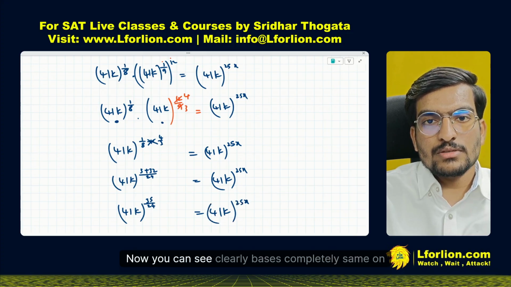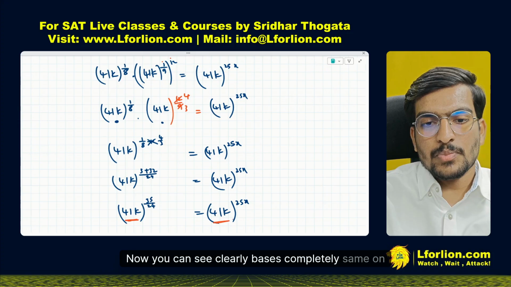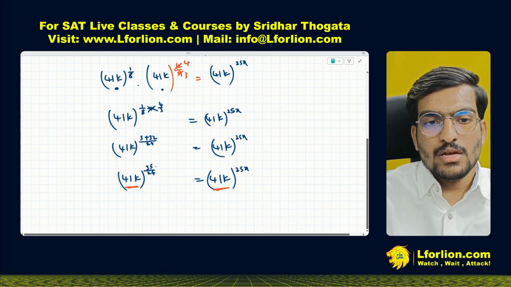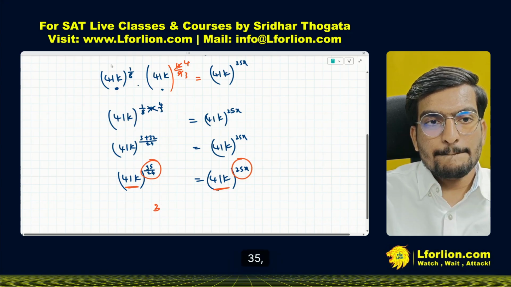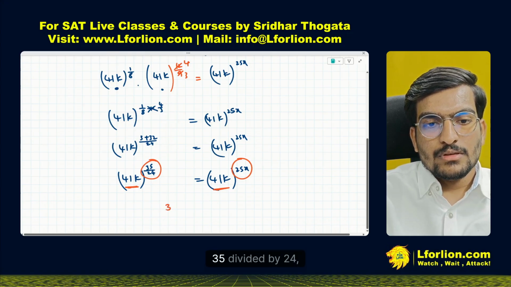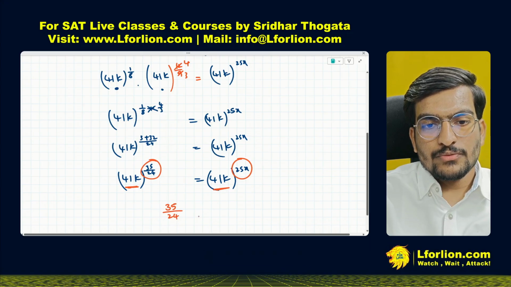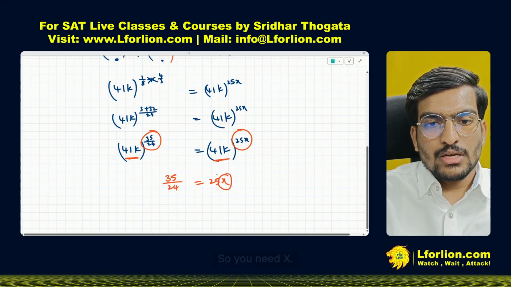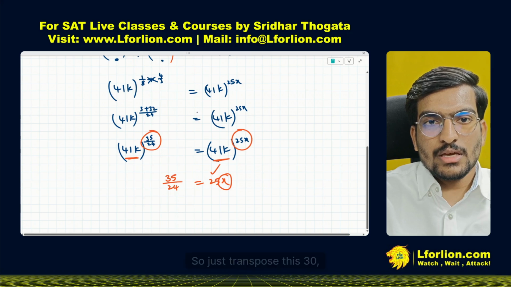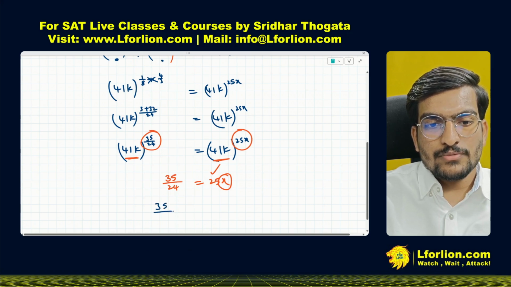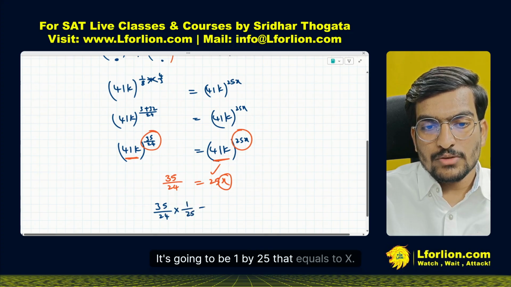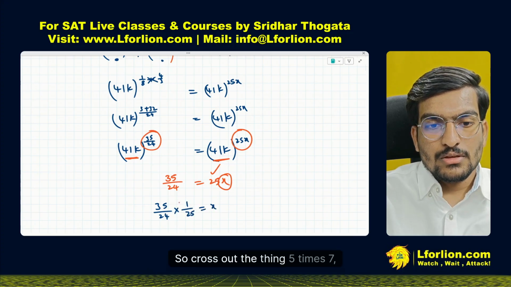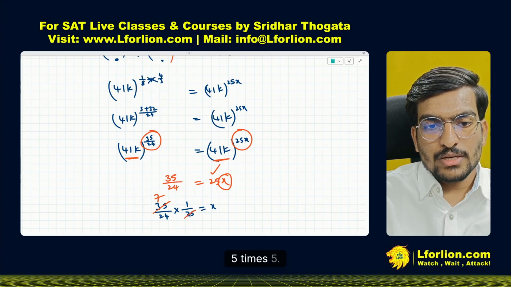Now you can see clearly the bases are completely the same on LHS and RHS. Now we are going to equate powers. So 35 divided by 24, that equals 25x. So you need x, so just isolate x. Transpose 25 to the other side. It's going to be 1 by 25, that equals x. So cross out, 5 times 7, 5 times 5.